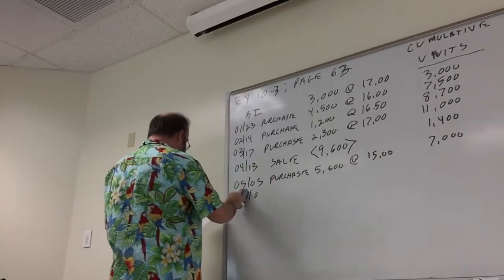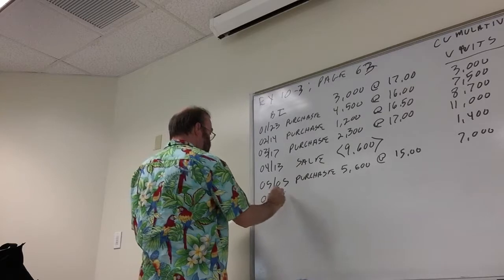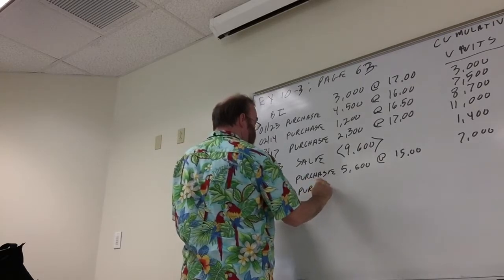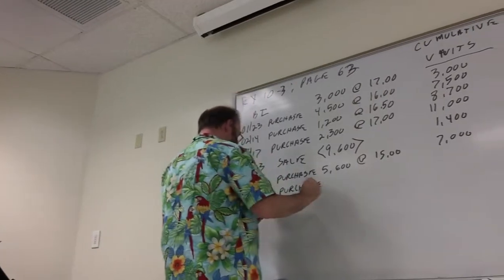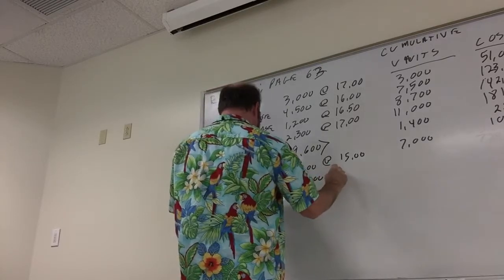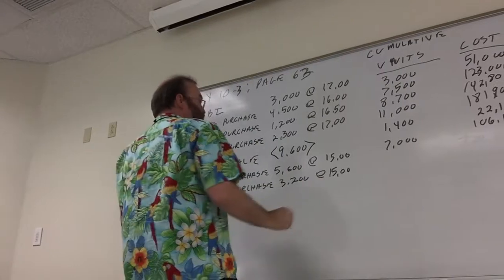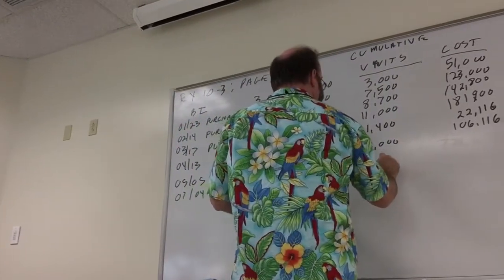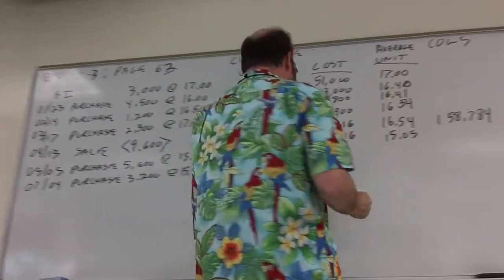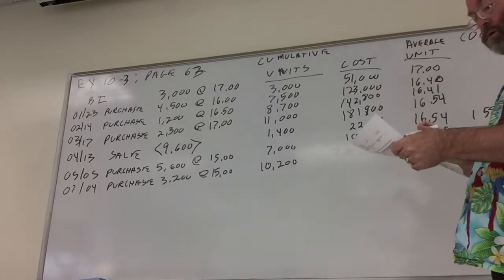On July 4th, we buy 3,200 and we pay $15 again. So that's going to bring us to 10,200 total number of units at, is that $16 now?